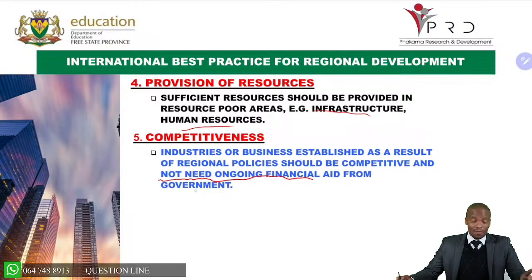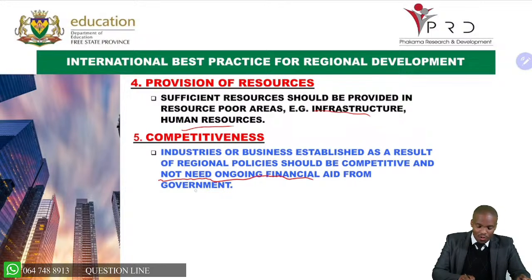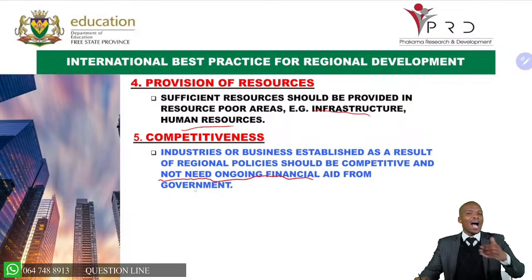Hence, I've mentioned the issue of training, education are very critical to improve productivity. And also in terms of providing essential goods and services that will increase the standard of living in those regions. People should be involved across all the spectrum of this regional development.